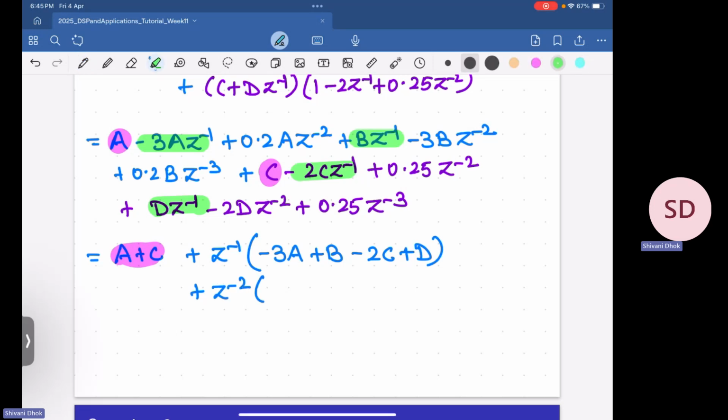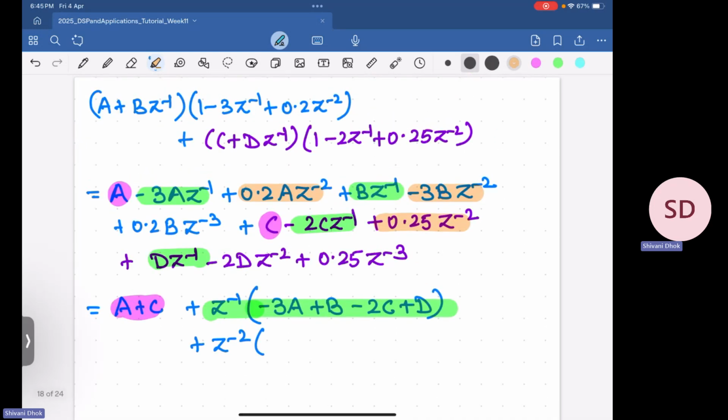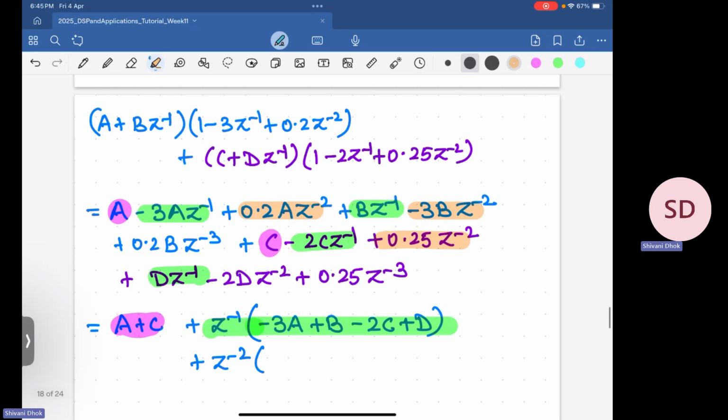So what do we get now? This is the green one. Now we have z to the power minus 2. So we have 0.2a, then minus 3b, we have 0.25c here, sorry, I missed c here, and I missed d here.